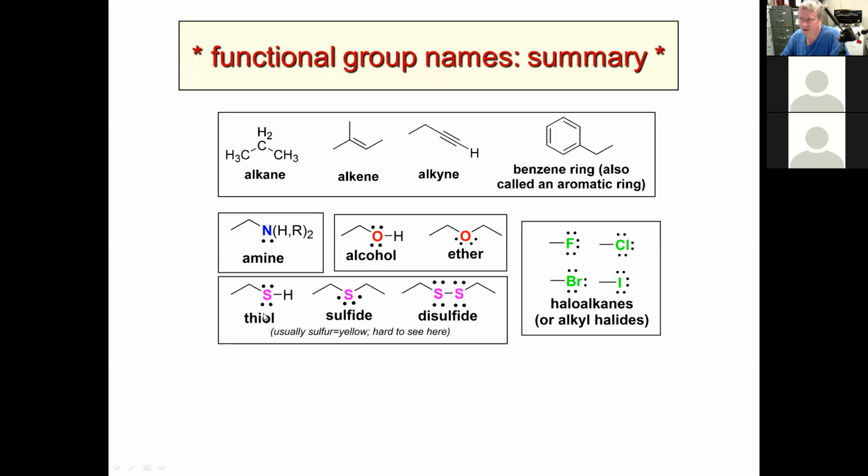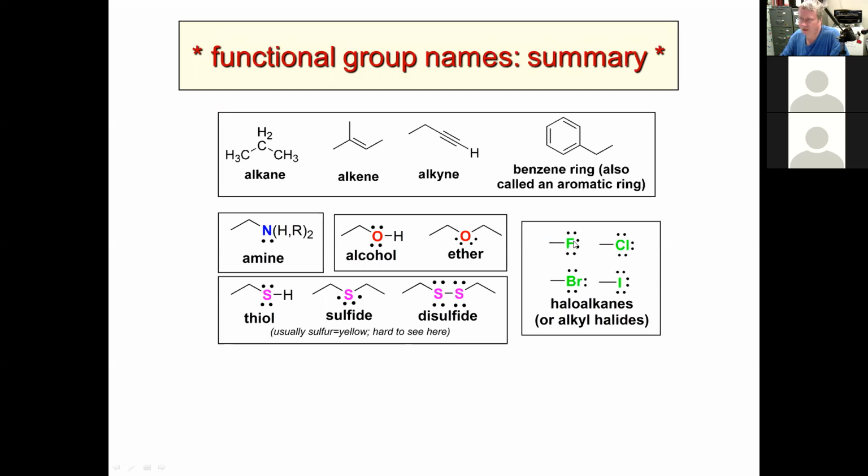So a thiol is SH. A sulfide is like carbon, sulfur, carbon. A disulfide is carbon, sulfur, sulfur, carbon. And they all have interesting uses. And these are actually a big component of protein structure. So if you're taking biology or biochemistry later, you'll hear about disulfides that rigidify proteins.